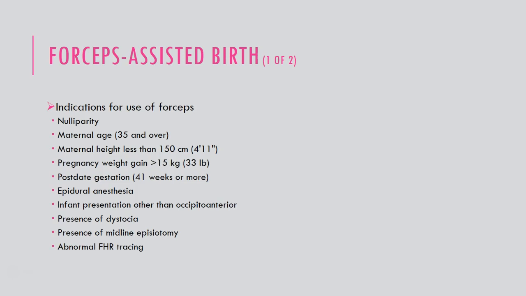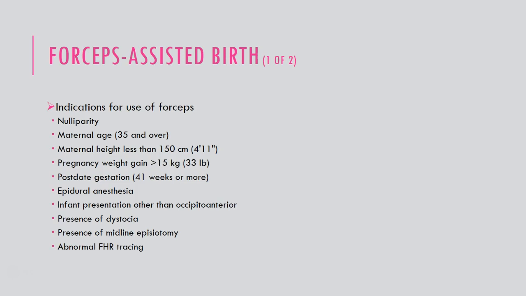And the presence of a midline episiotomy. If the physician has cut an episiotomy and that still is not helping the baby move down and through the birth canal appropriately, then use of forceps might be a needed indication. And then also an abnormal fetal heart rate tracing.